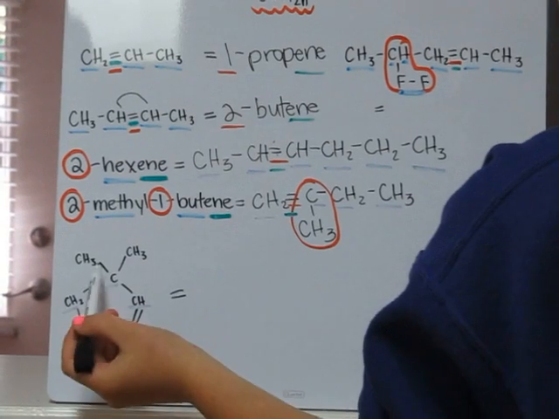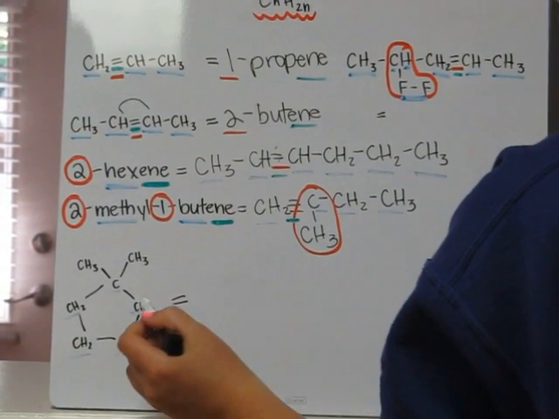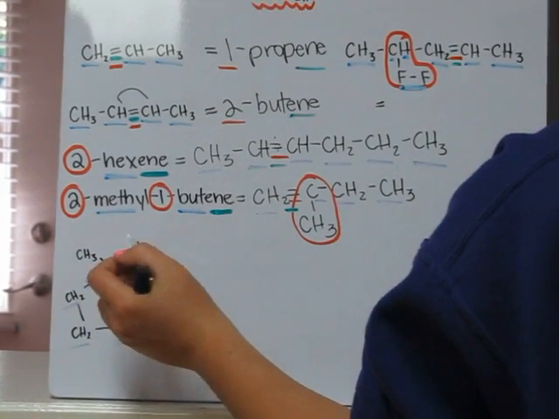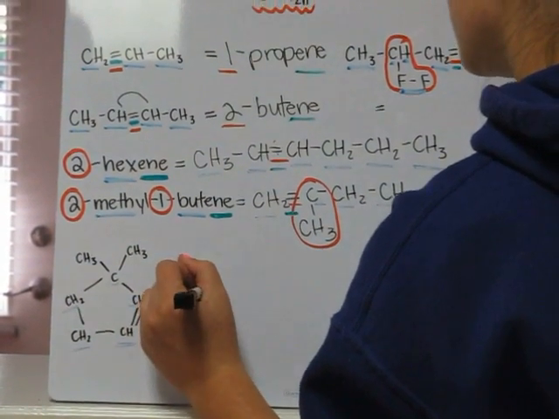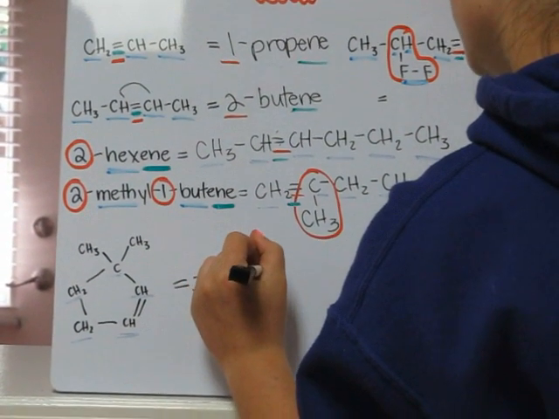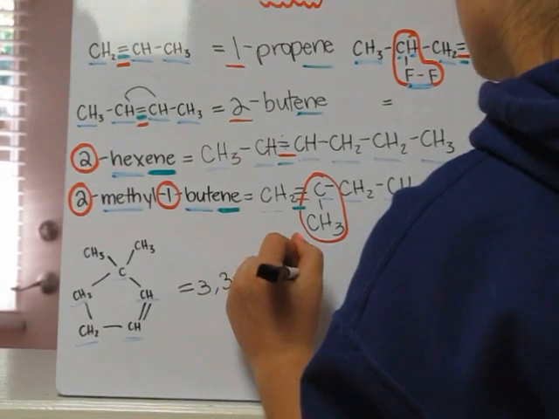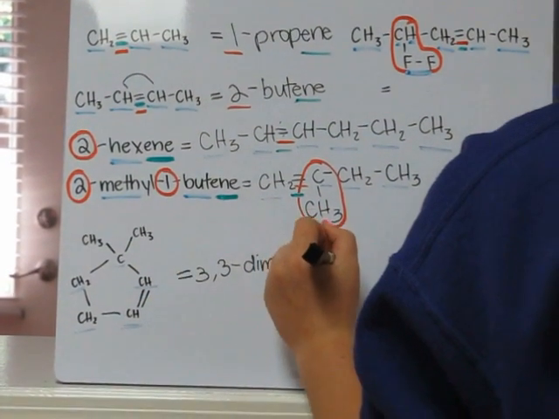So we look where our groups are. So if this is the first carbon, we have 1, 2, 3, and we have 2 methyl groups. So it would be 3,3-dimethyl because we have 2 and they're both on the third carbon. And then we know our double bond starts on the first one, so that would be 1.